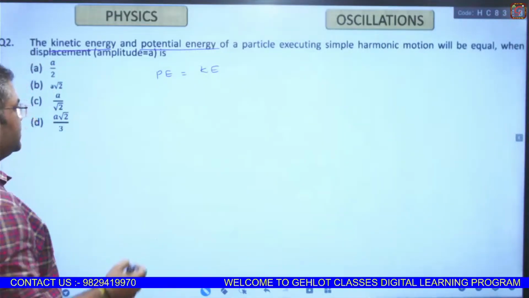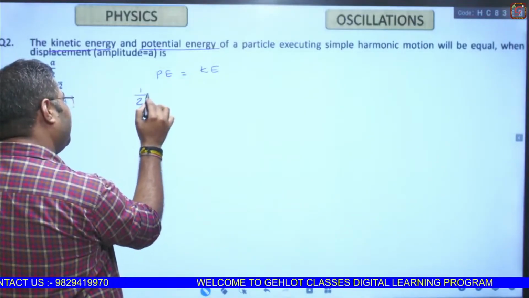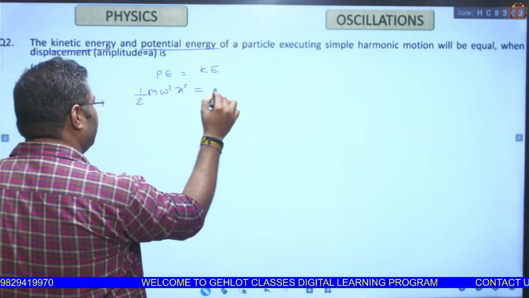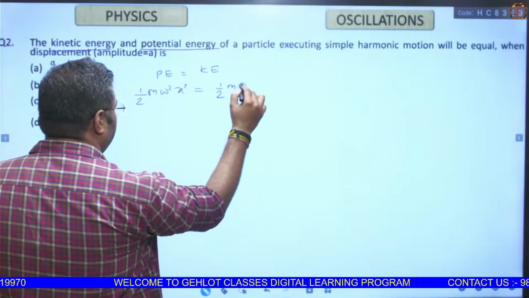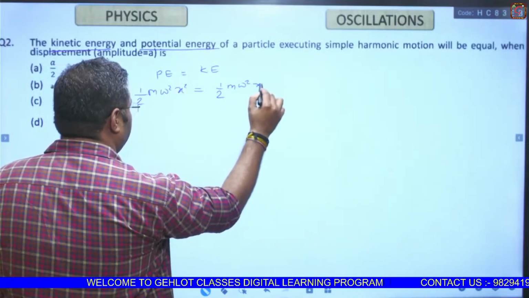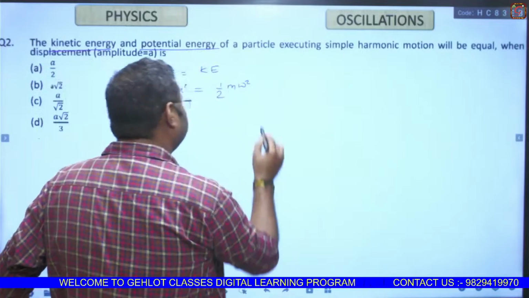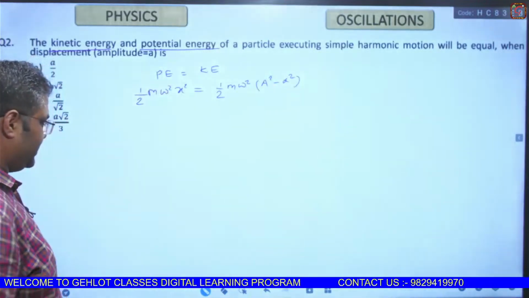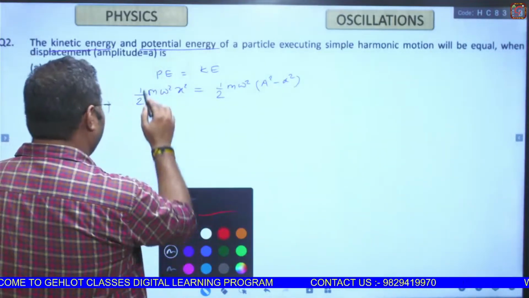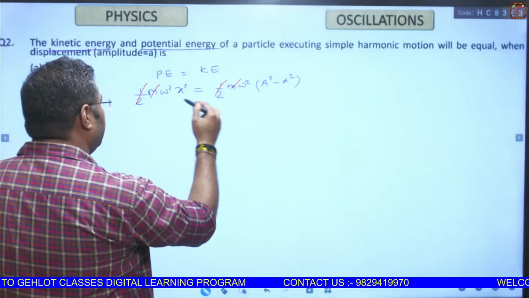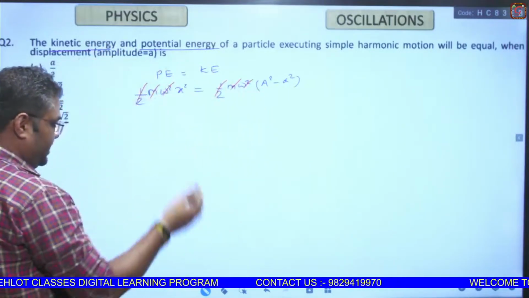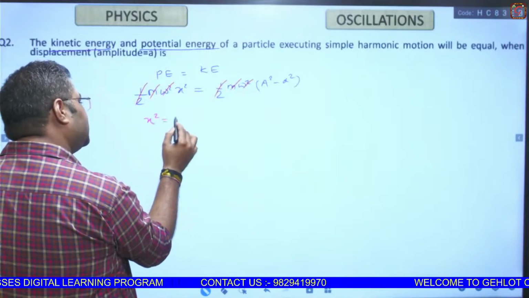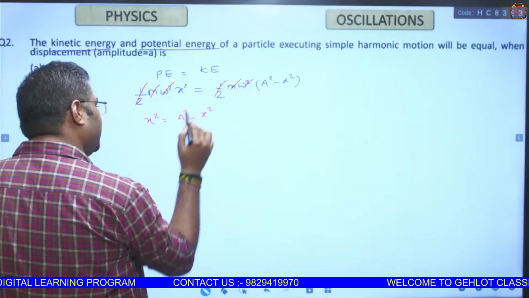We can substitute the value of potential energy: half m omega square into x square is equals to half m omega square into a square minus x square. So we can cancel out these terms, half m omega square, and the remaining part will be x square is equals to a square minus x square.